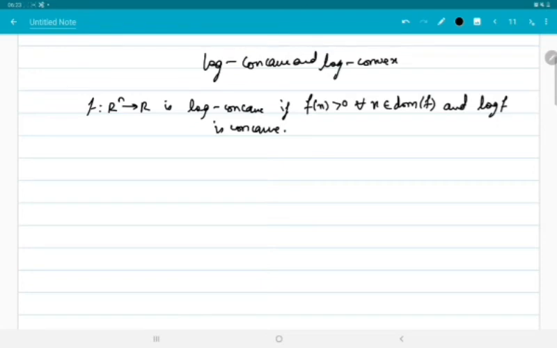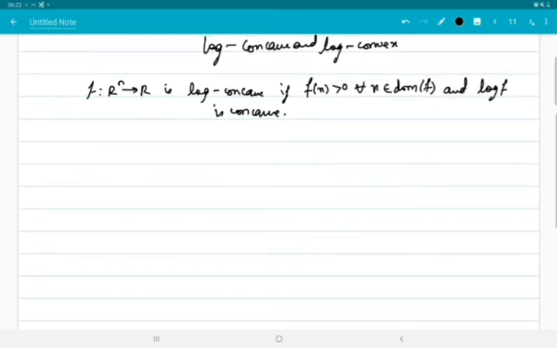If we write down the definition and move the log out, what we get is this.